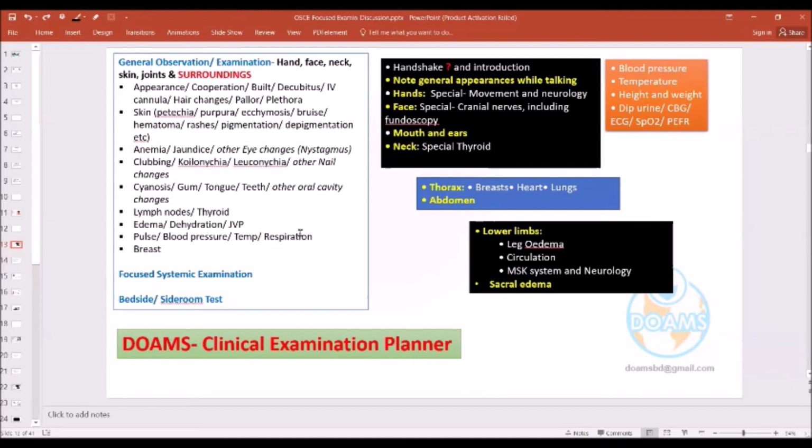You have already checked. Okay. No need to duplicate the signs. And the musculoskeletal and the neurology. So Dr. Manal or Dr. Iram, you can add musculoskeletal and neurology in this case. Reflexes, lower limb reflex. Good.